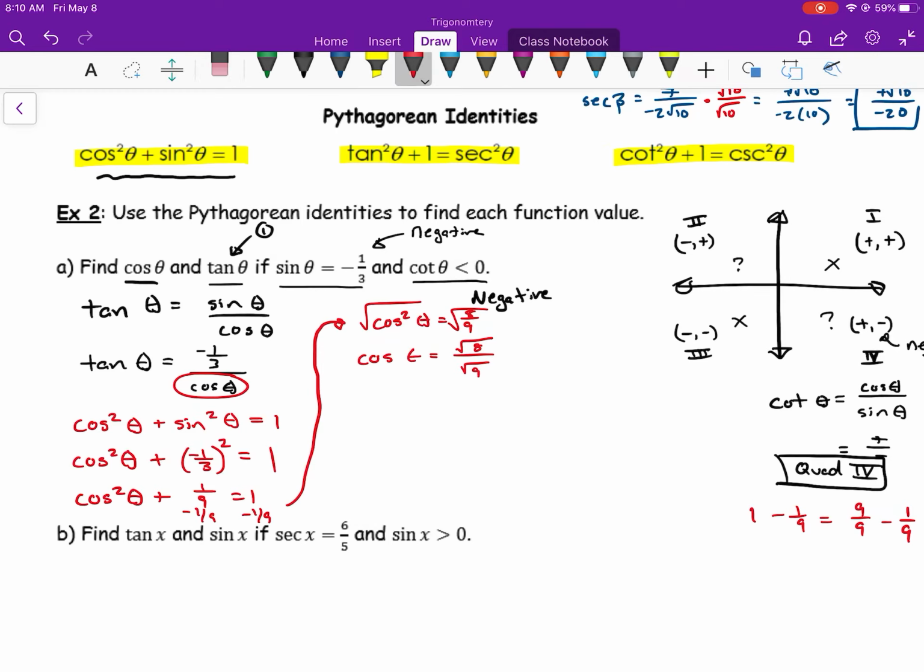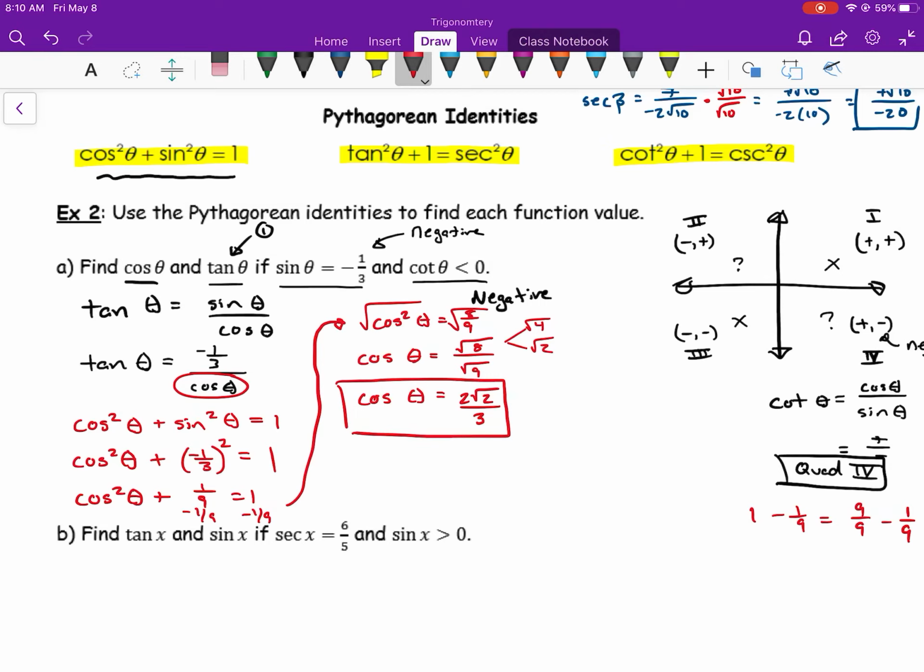The square is gone. I can break square root of 8 down to square root of 4 times square root of 2, so it's going to give me 2 square root of 2 over square root of 9, which is 3. So we have cosine, and we have sine.